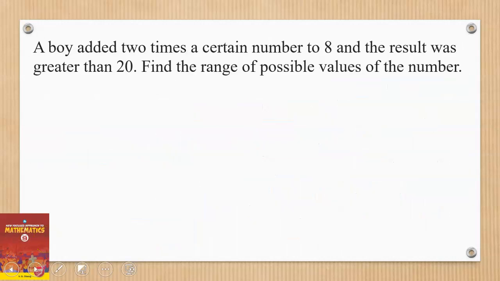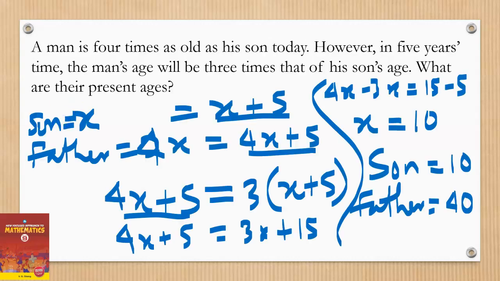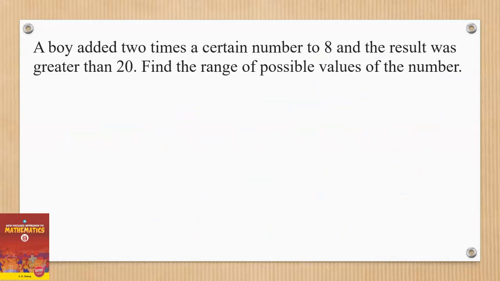Let's take another question and see. A boy added 2 times a certain number to 8, and the result was greater than 20. Find the range of possible values of the number. Okay, so a boy added 2 times a certain number, so 2 times a certain number plus 8.